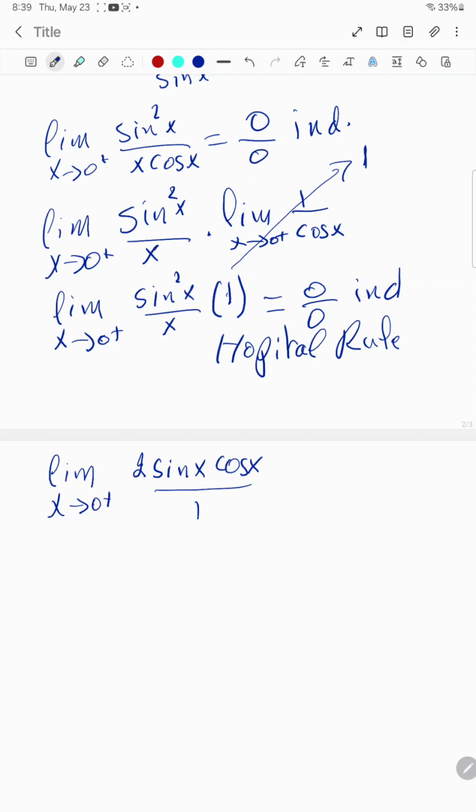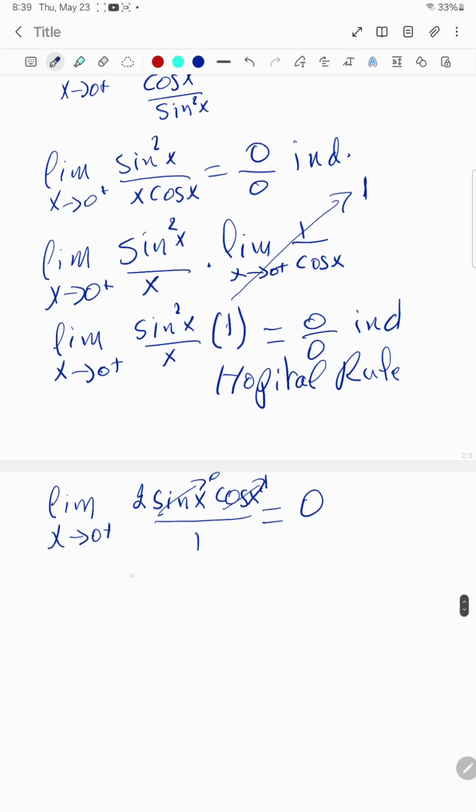So we don't have to account for that. I know sine of x is equal to 0 and cosine of x is equal to 1. So 0 times 1 is 0, times 2 is 0. So all that is equal to 0.